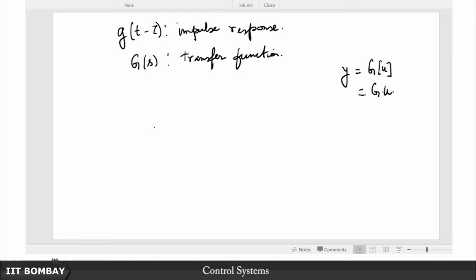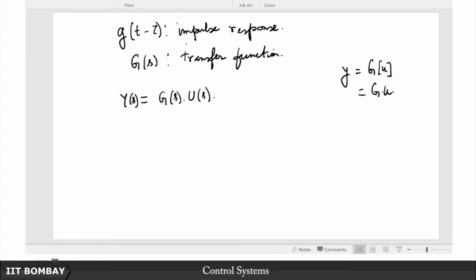But it turns out that now, when you are in the Laplace transform domain, you can write the transform of the output as Y(s), and that is nothing but the product of the transfer function and the Laplace transform of the input. In that sense, you can also give another definition to the transfer function.